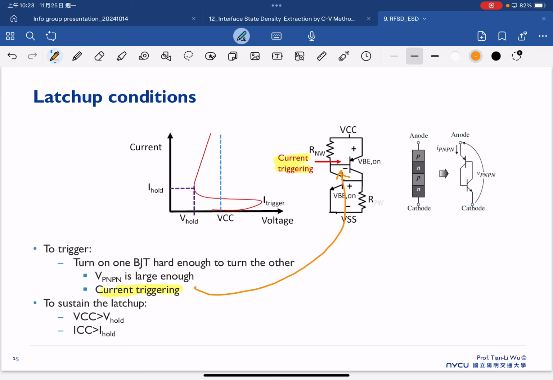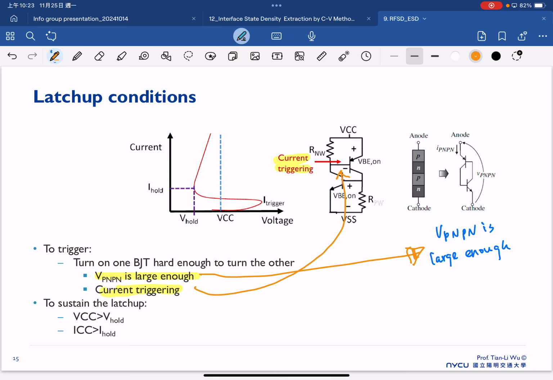And second is that the VPNPN is large enough. So that's the second one. So these are the conditions in the end why we can have latch-up events happening in our CMOS IC.